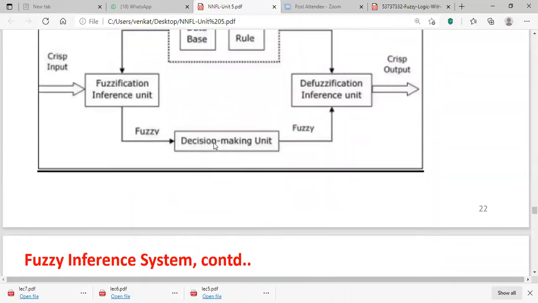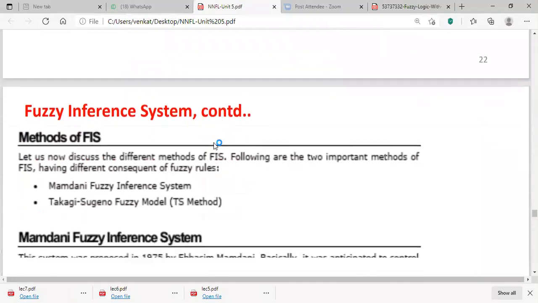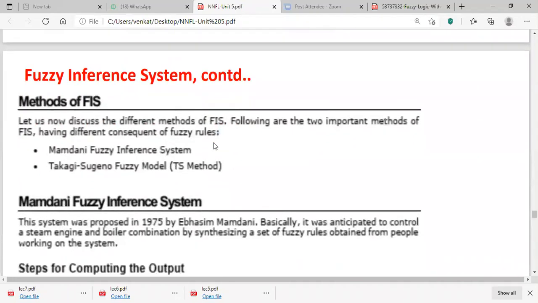Okay, so there are certain methods for fuzzy inference. Two important methods for different consequents of fuzzy rules: Mamdani fuzzy inference system and Takagi-Sugeno fuzzy model. Okay, these 2 models play a crucial role in the process taking place in the fuzzy inference system.